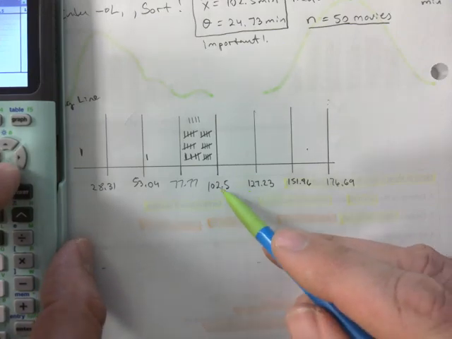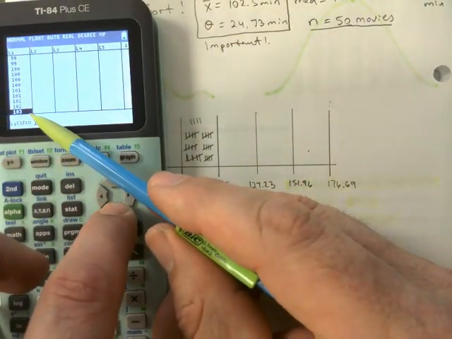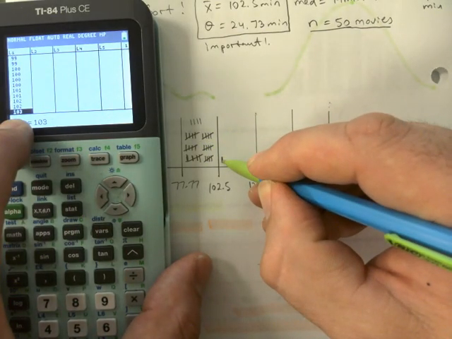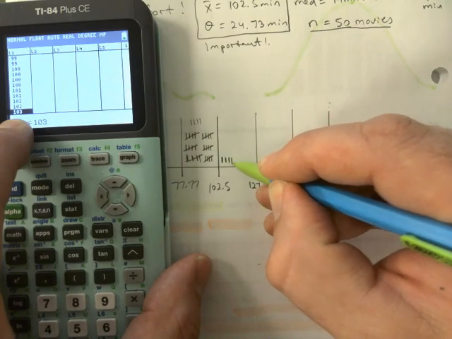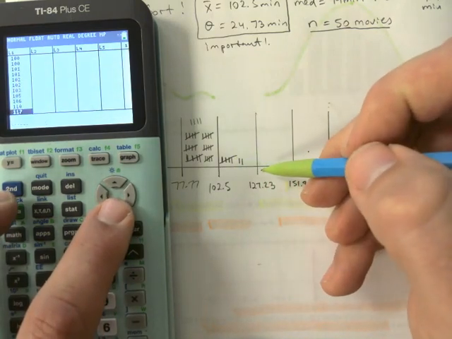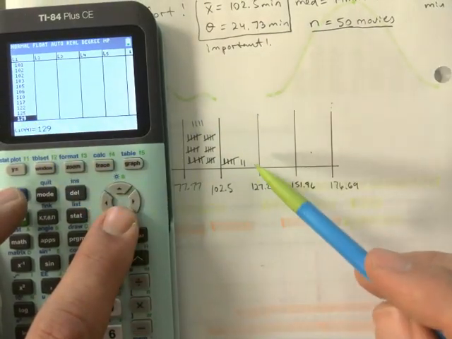So as soon as I passed 102, all these 102s on my list were in here. 103 gets me in here. And there are only 7 values that get me in this bin. Because 125 would have been the last value in here.